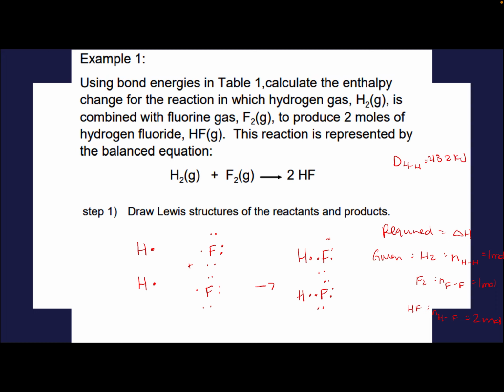D of the H–H bond is 432 kilojoules. I'm just pulling up my chart again because I do not have it on me. And then the D of our fluorine bond, where's fluorine?